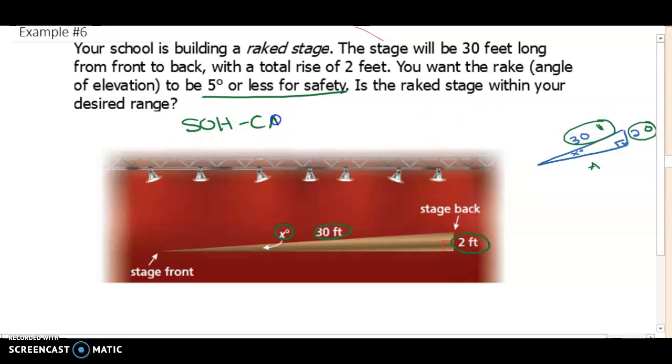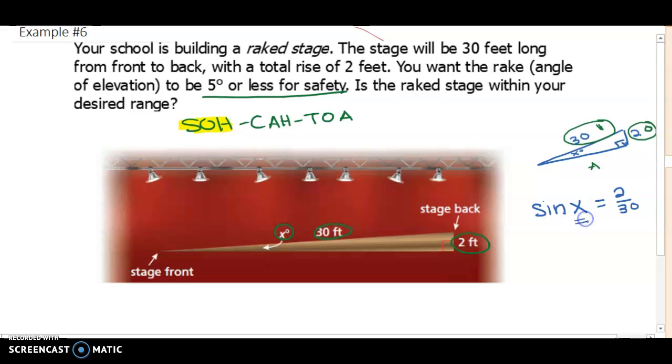So SOHCAHTOA. So notice which one pairs opposite and hypotenuse together. That's my sine. Okay, so I can say the sine of whatever angle X is going to equal, well, sine is opposite over hypotenuse, so 2 over 30.